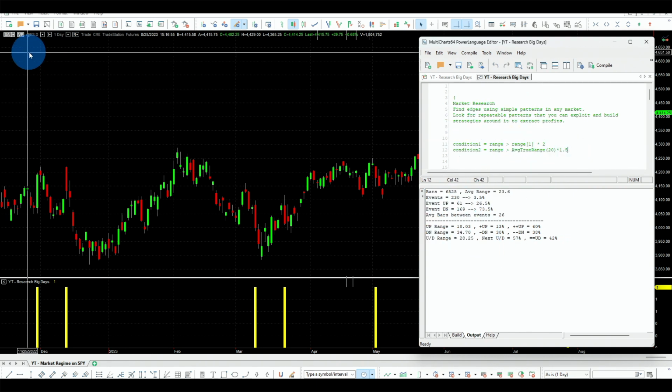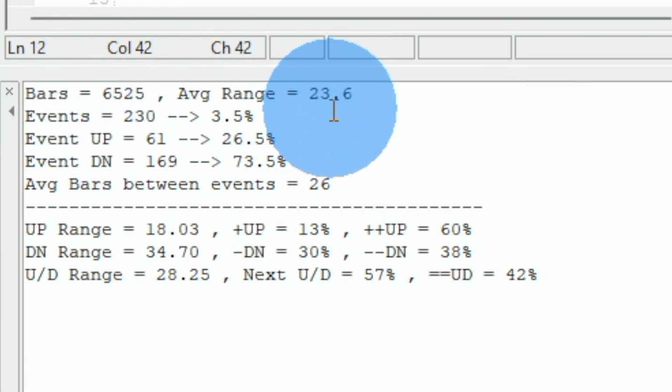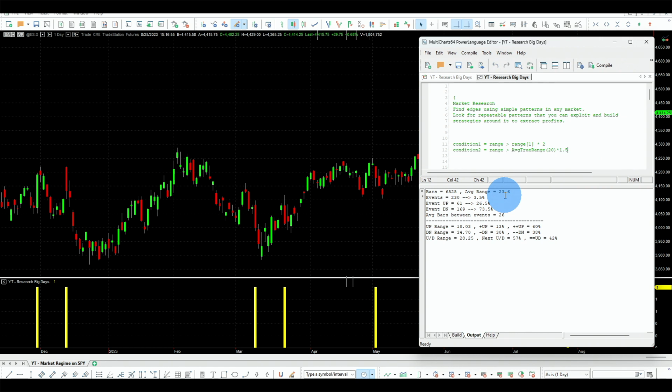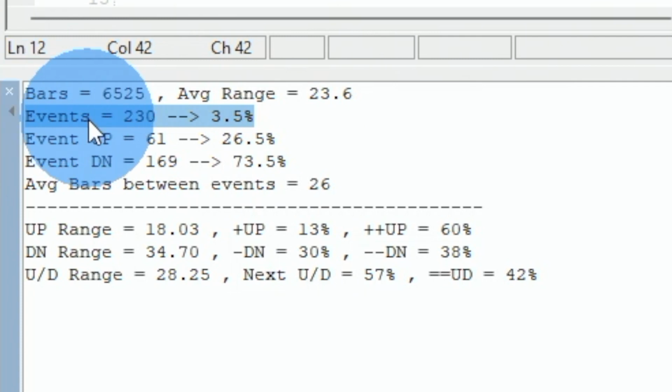Looking at the S&P 500, I have 6,500 bars, and the average range of all these bars is about 23 points. Of course, this will heavily be influenced by the volatility, but averaging all these years is 23 points per day since 1998. And this stat, the event, is the number of big range days depending on this definition.